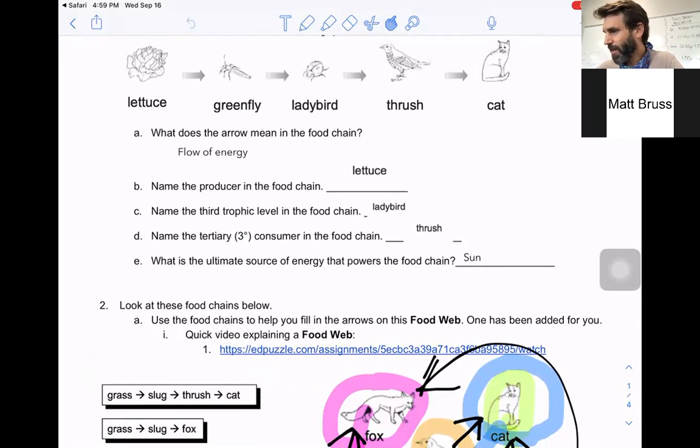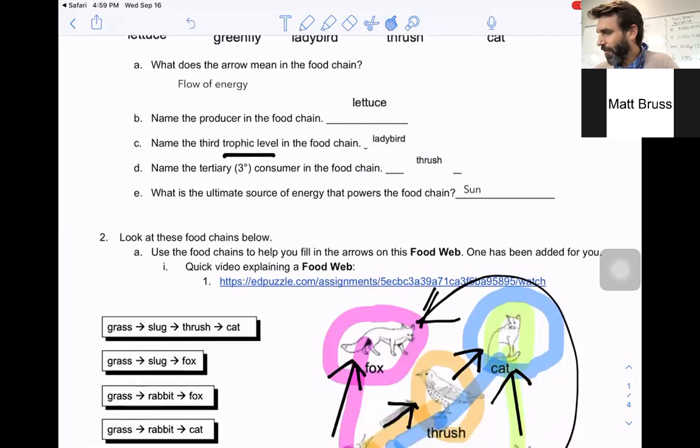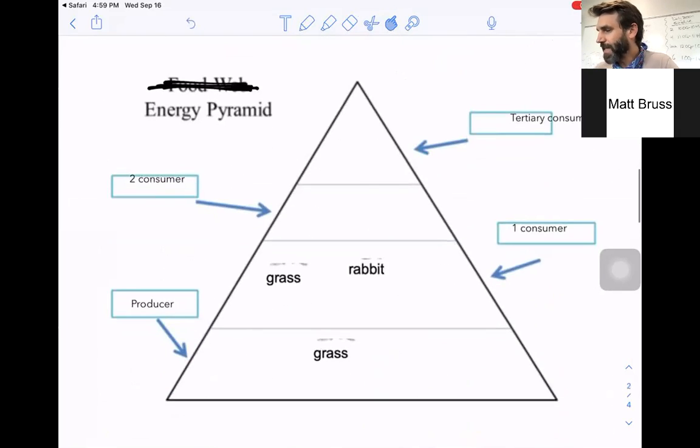Now when we talk about that term trophic level, what we're talking about is a pyramid down here. If this is an energy pyramid or a trophic pyramid, this is level number 1. This is level number 2.